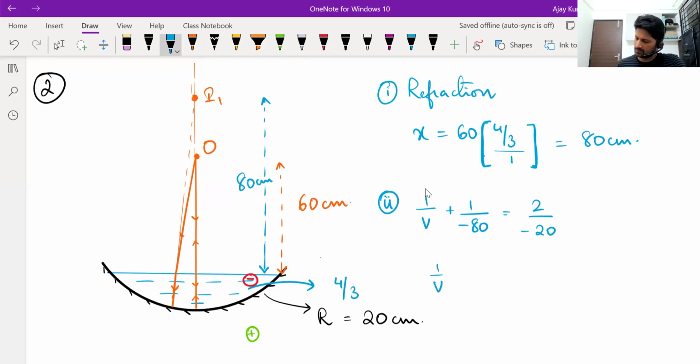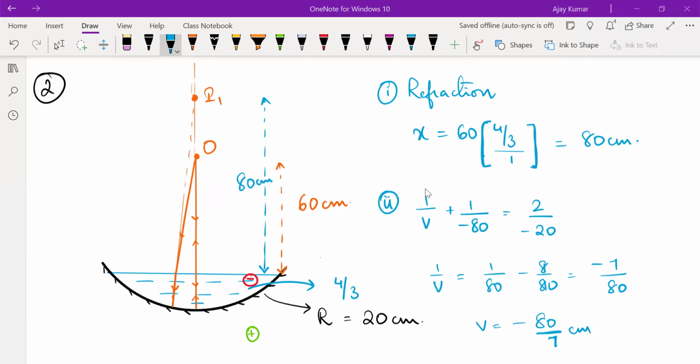So you get 1 by V is equal to 1 by 80 minus 1 by 10. 1 by 10 is like 8 by 80. So this effectively becomes minus 7 by 80. So V is minus 80 by 7 centimeters. 80 by 7 is 11 point something. So after reflection from the mirror, the rays will meet at this distance, minus 80 by 7.